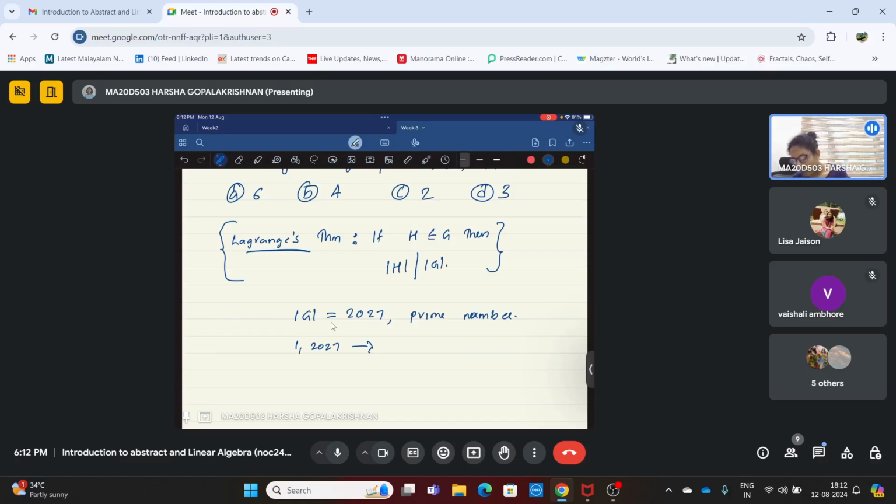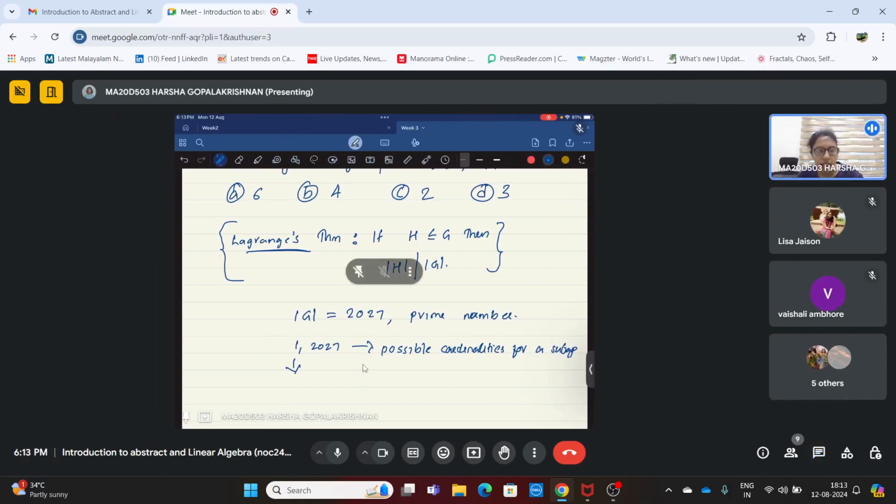If I am taking 1, can you say any subset of the given set Z_2027 with cardinality 1? What is that subgroup? Now we should convince ourselves that there exists a subgroup with cardinality 1 and with cardinality 2027.